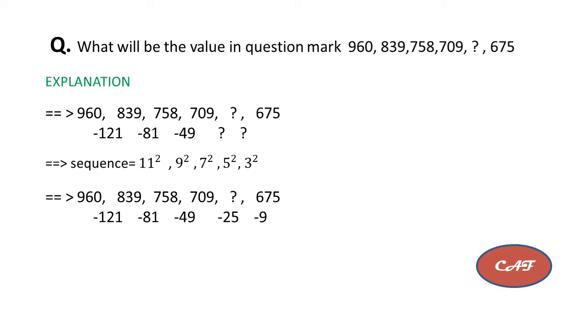So 5 square means 25. If you subtract 709 minus 25, you will get 684. For rechecking, if you subtract 9 from 684, you should get 675. So 675 is coming. So whatever answer I am getting in the question mark place is correct. So the answer is 684.